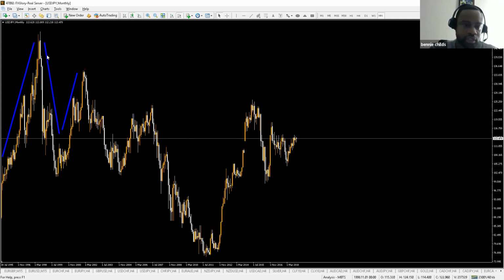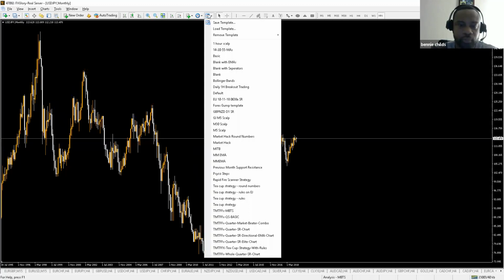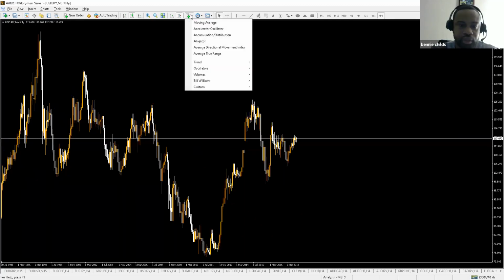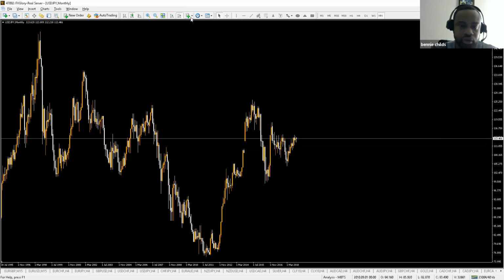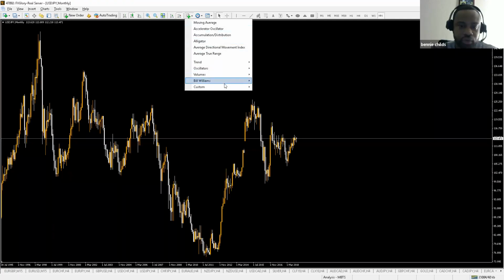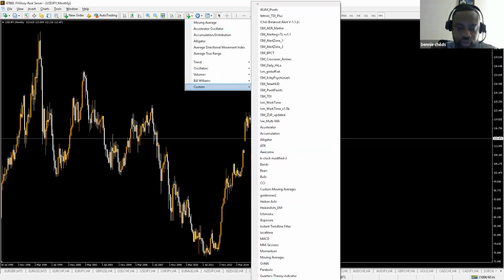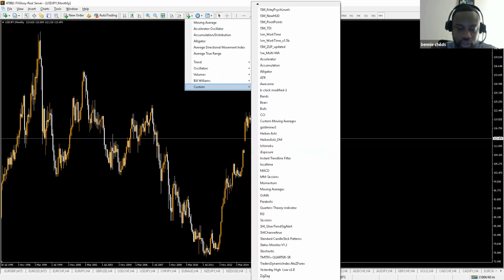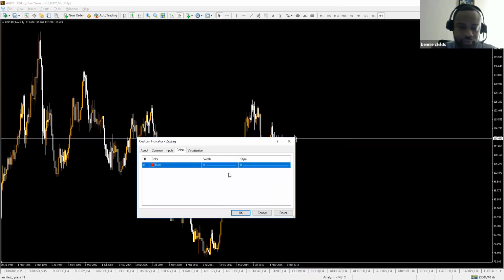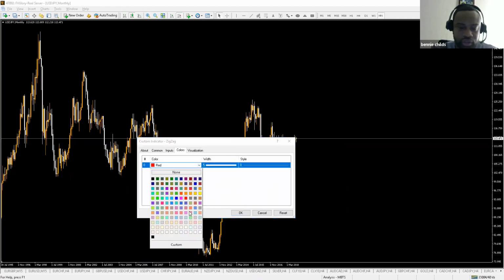There is actually a filter that comes with MetaTrader, and all we have to do is come here to our indicator button, go down to custom, all right? Come all the way down, and it's called zigzag. I'm gonna thicken this up. I'm gonna change this color to blue.